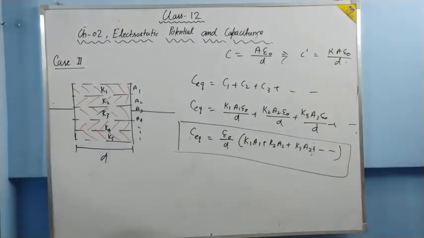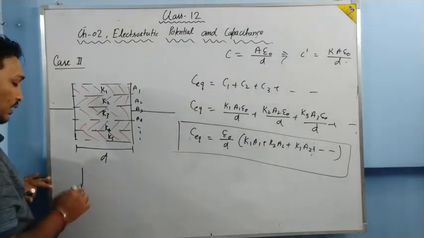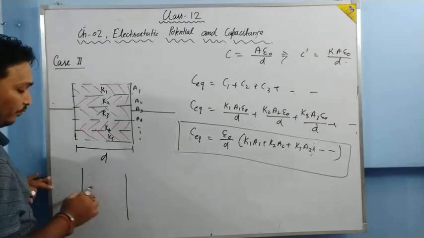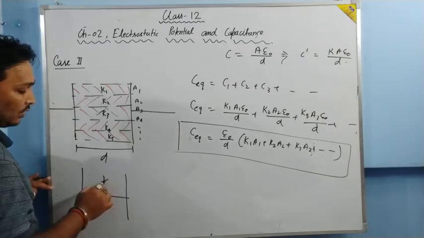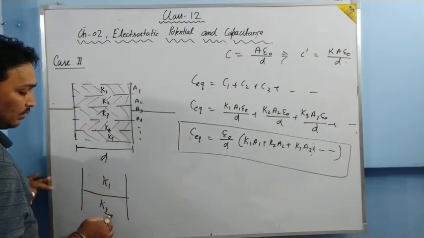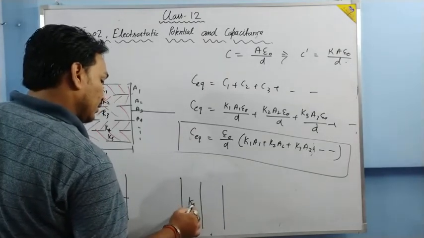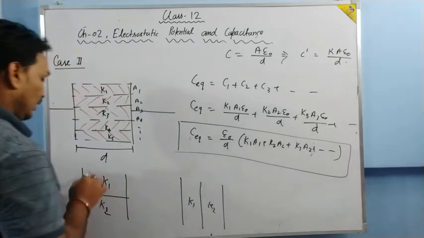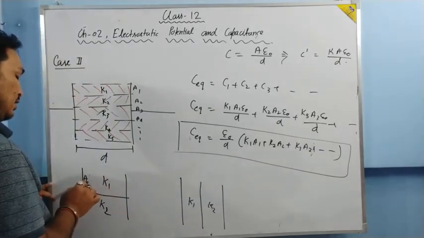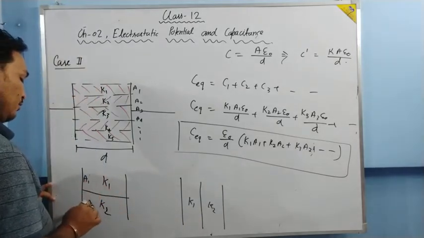Okay, one more very popular question is there. Let that question be your homework. You have been asked the capacitance of these two. In one, the slab is filled like this. In another, the slabs are filled like this. These areas are A1, A2.